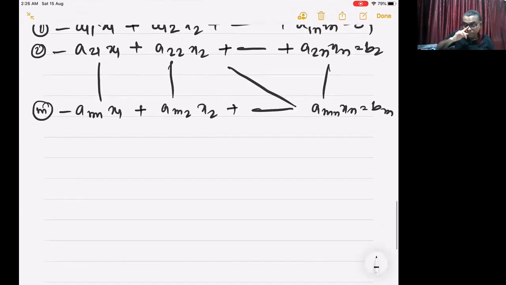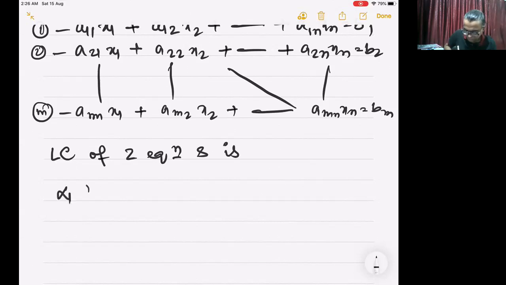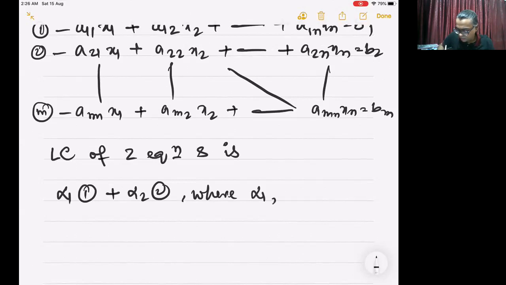When I have linear combination, it means the following. A linear combination of two equations is, say, alpha 1 times equation number 1 plus alpha 2 times equation number 2, where alpha 1 and alpha 2 are given real numbers.